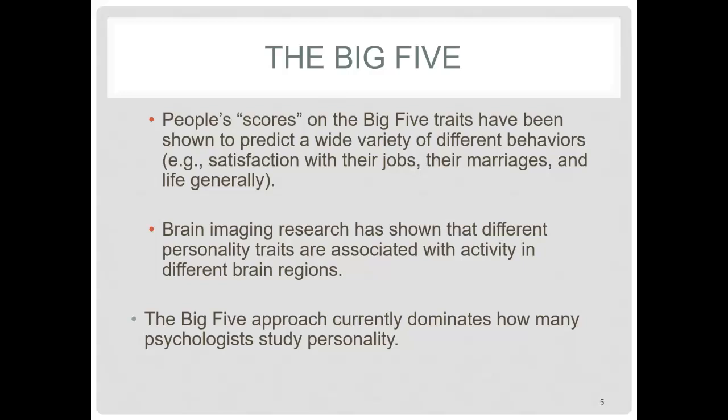Now, in our next lecture, which will be the last one, we're going to talk about some of the neuroscience of extroversion and introversion. There are some significant neurological differences in extroverts and introverts.